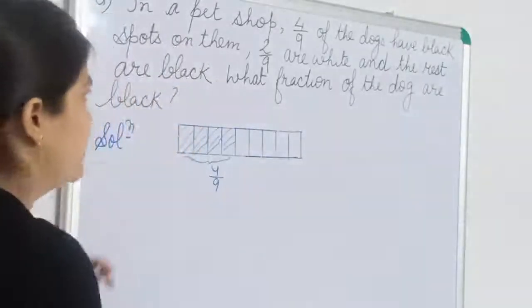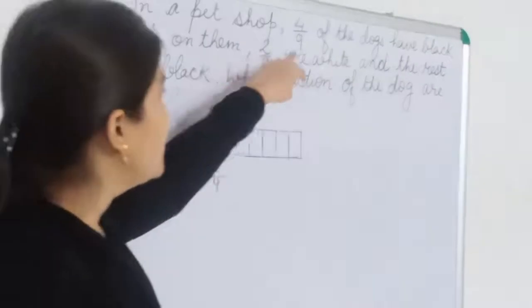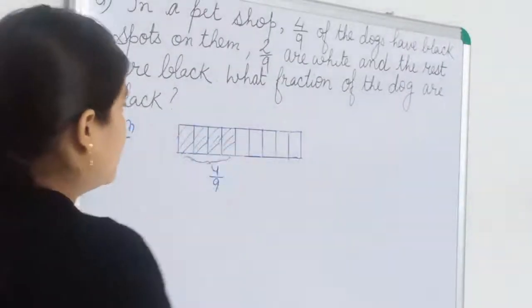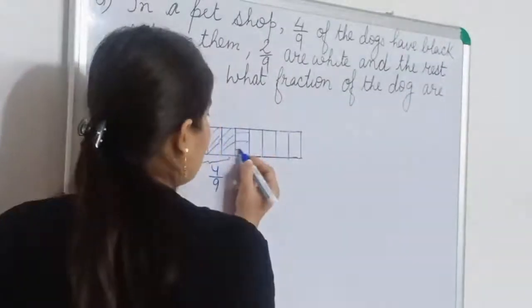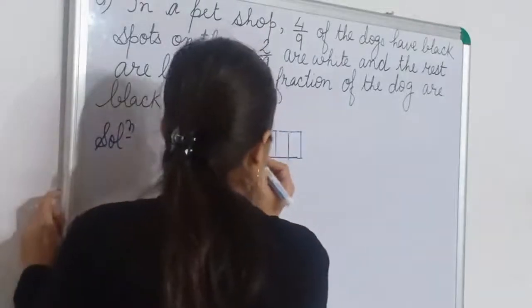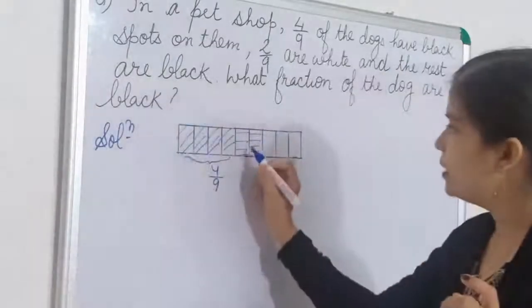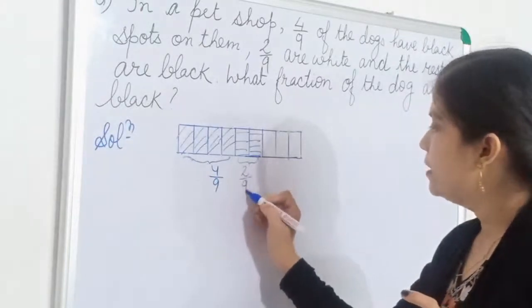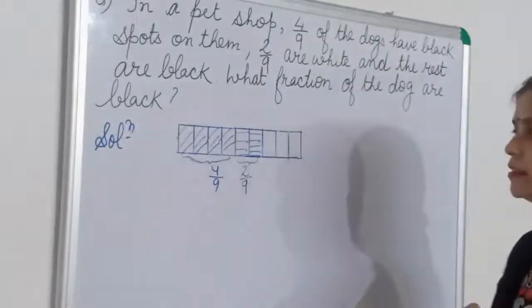Now 2 by 9 are white. So these two parts of the 9 equal parts, you can see here, this is 2 parts of 9 equal parts. That means it is 2 by 9. These are white in color.